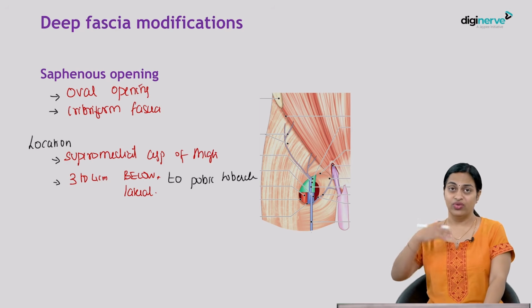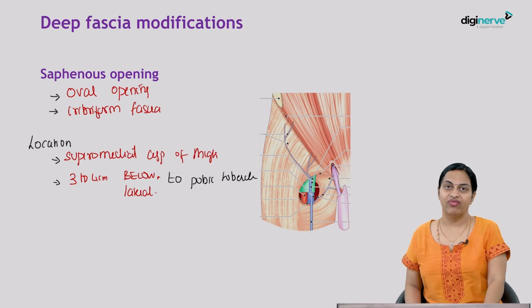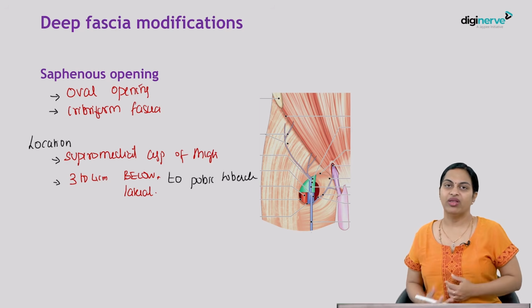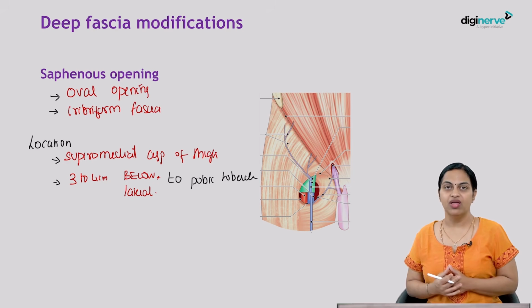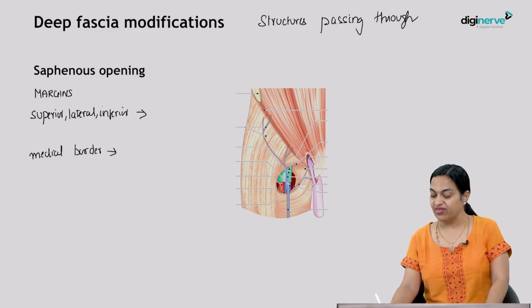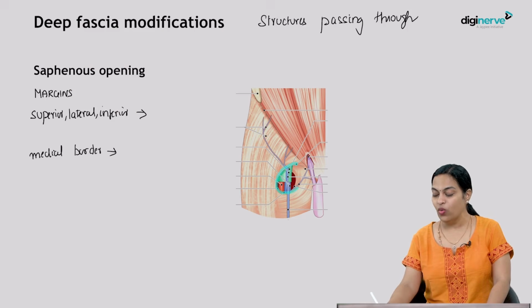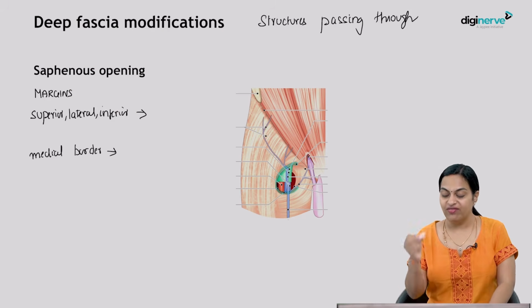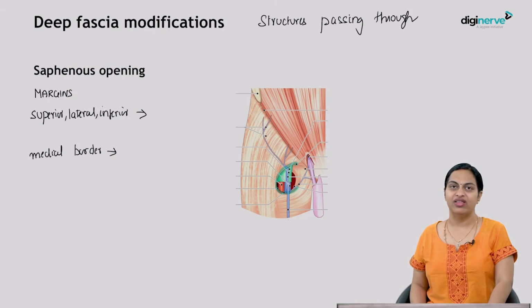To differentiate inguinal hernia and femoral hernia, this is going to be very useful. 3 centimeter below and lateral to the pubic tubercle, this is our saphenous opening. The upper, lateral and lower margin of the saphenous opening is very well defined, sharp.